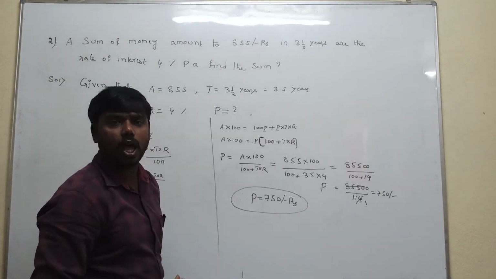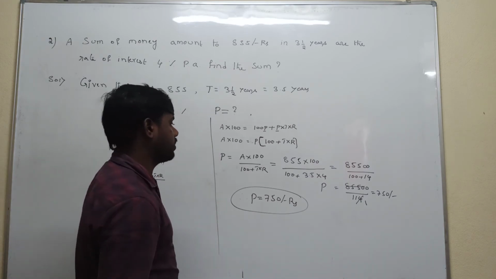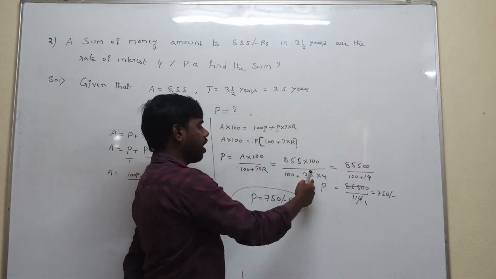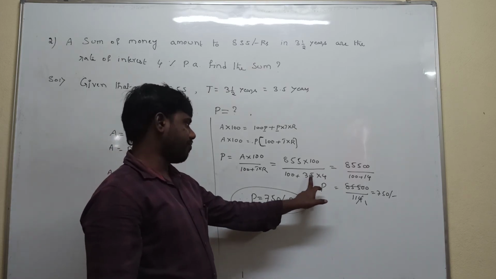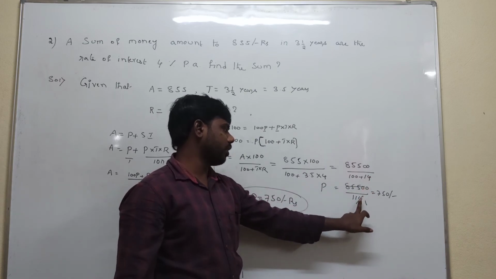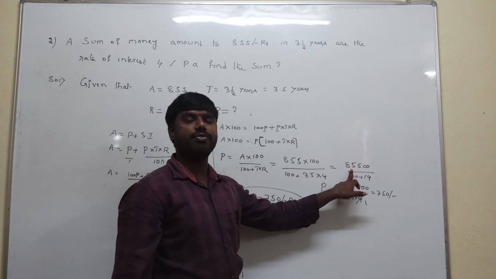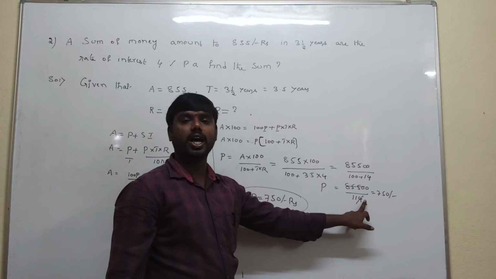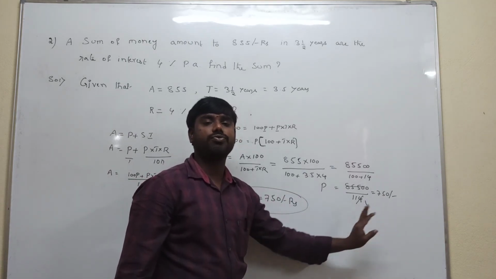Now we are substituting the values. What is the capital A amount? 855 rupees. Next, into 100, divided by 100 plus T, which is 3.5, and rate of interest R is equal to 4. 3.5 into 4 is nothing but 14. 100 plus 14 is 114. 855 into 100 is 85,500. 85,500 by 114, that value is 750 rupees.